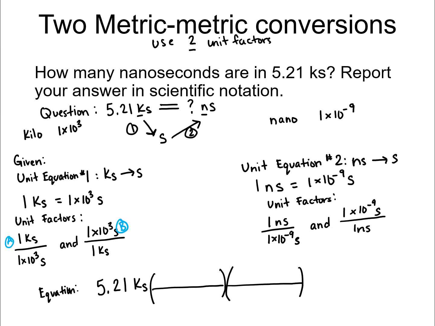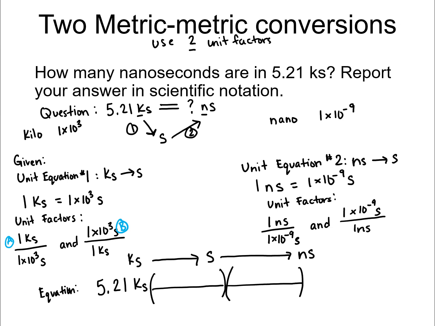Let's look back at our plan. We're starting with kiloseconds. And with this first unit factor, we're trying to get to seconds. From there, we're trying to get to nanoseconds. We've got to use a unit factor from our first unit equation.